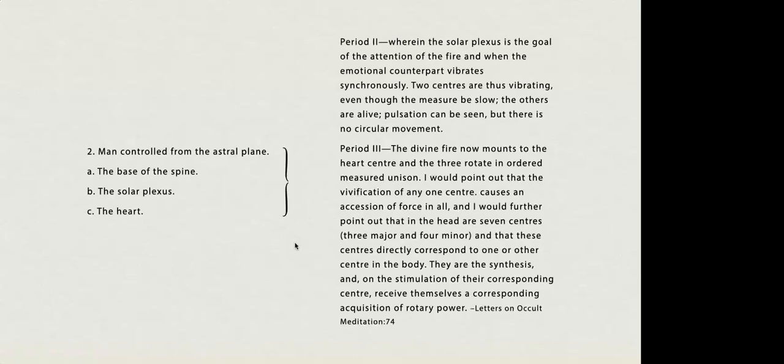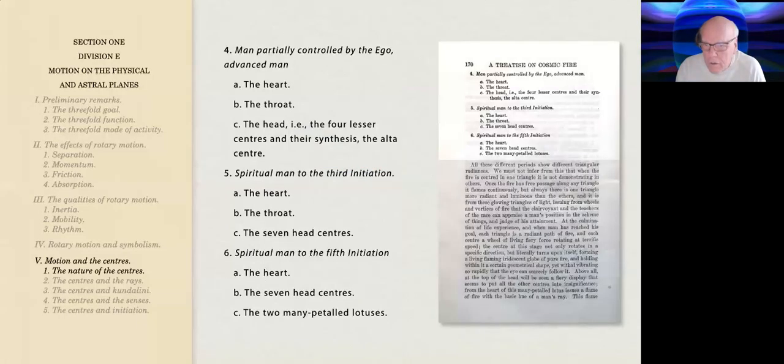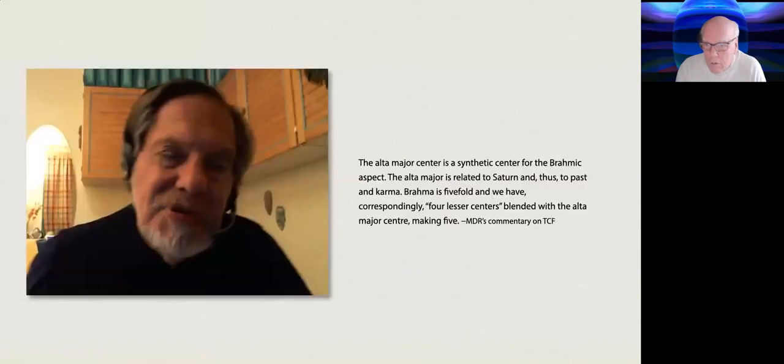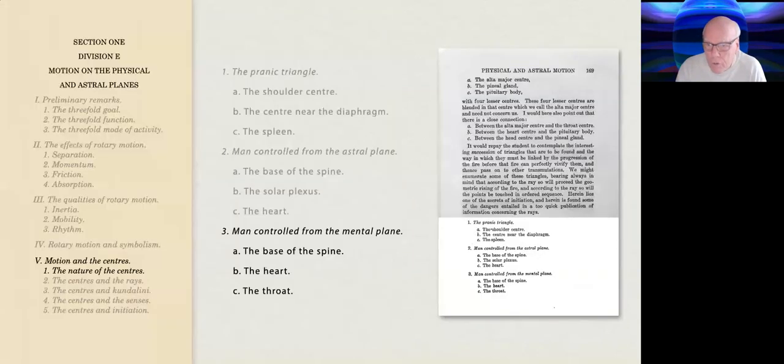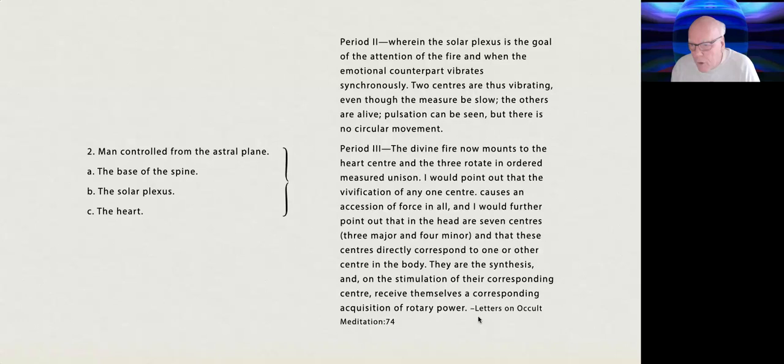Yes, Nisa? You said that's in Letters on Occult Meditation. You've got it, Treatise on Cosmic Fire. Let me check. Yeah, here it is. If you want a page number, it's on page 74 of Letters on Occult Meditation. Here I thought it was perfect.